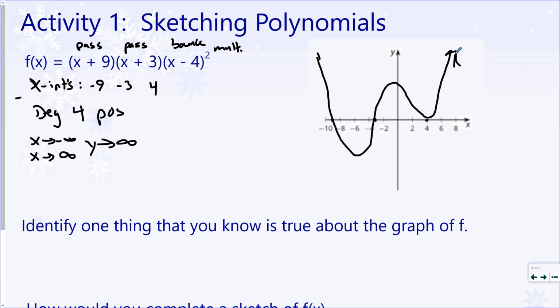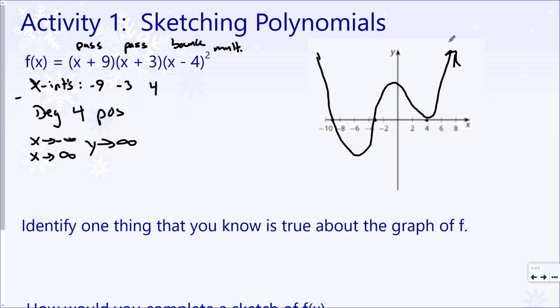So it's going to come down, pass through that, pass through that. But then it has to turn around because now we're on the positive side. So we can't cross the axis again to bounce off of 4. We have to bounce off of it right where it is. So it's just going to come straight back down and bounce off of 4.